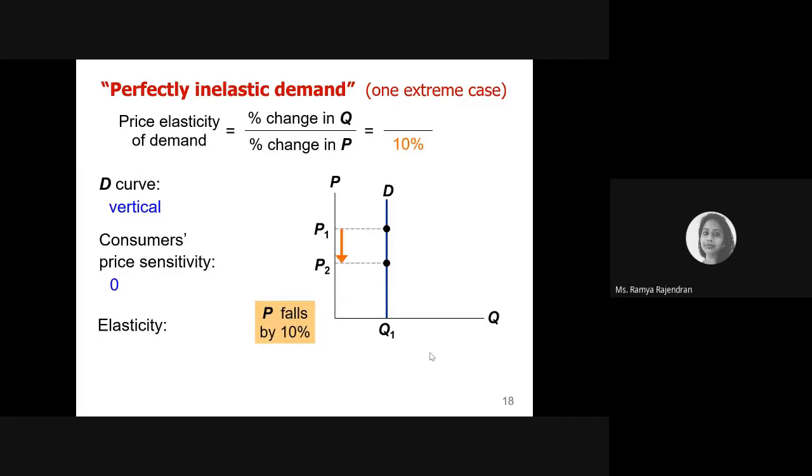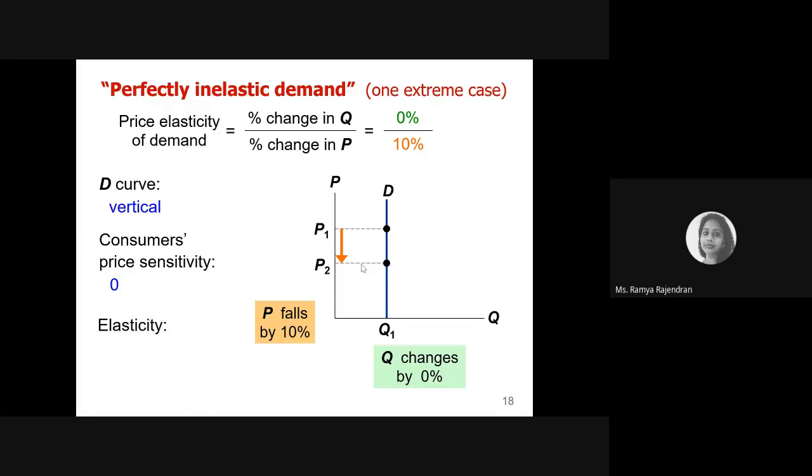We already know that price elasticity of demand is the percentage change in quantity divided by the percentage change in price. Here we see the price dropping from P1 to P2 by 10%, and the quantity changes by 0% because the demand curve is a vertical line.